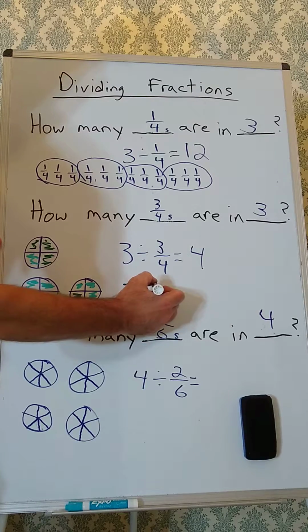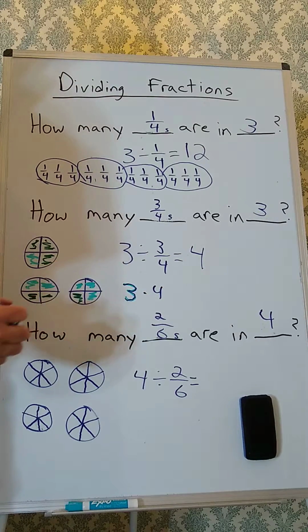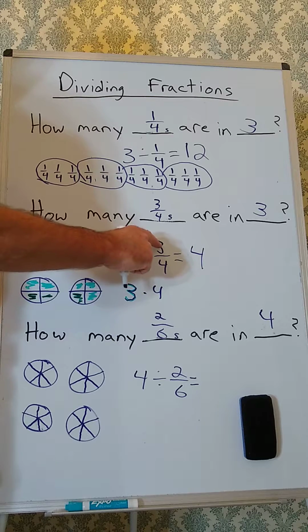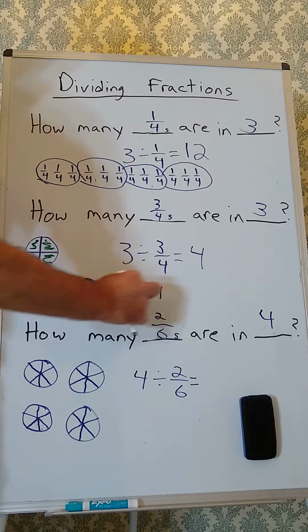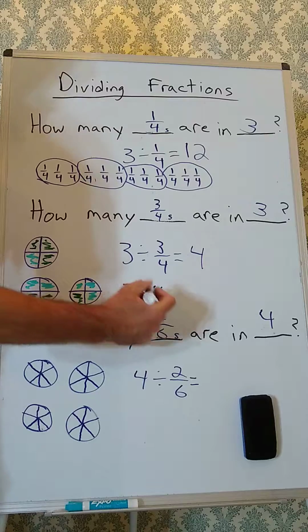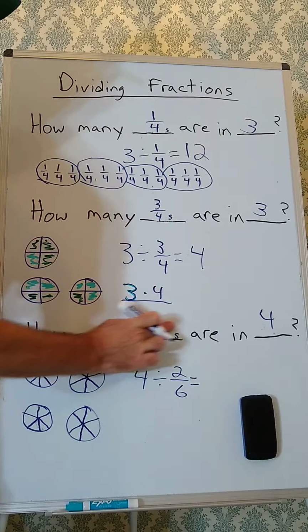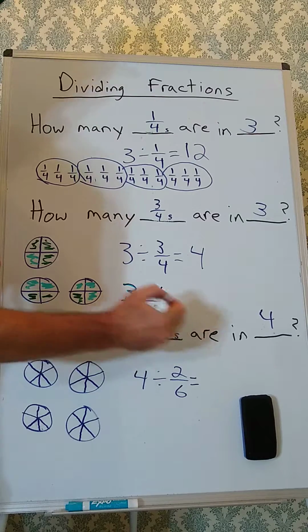So we go 3 times 4. But we're not asking how many fourths are there in 3. We're asking how many 3/4. So we have to divide this 3 times 4, which is 12/4, into groups of 3. So we have to divide this value by 3.